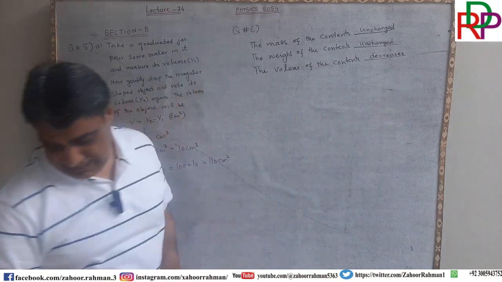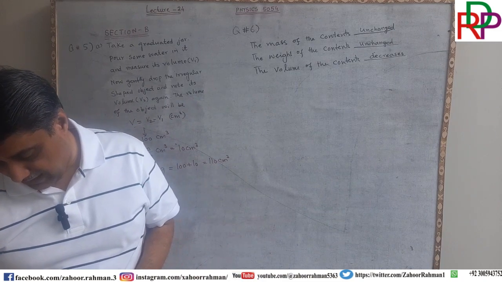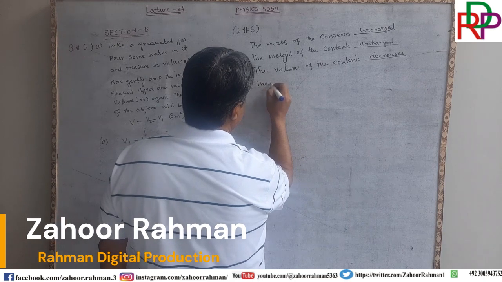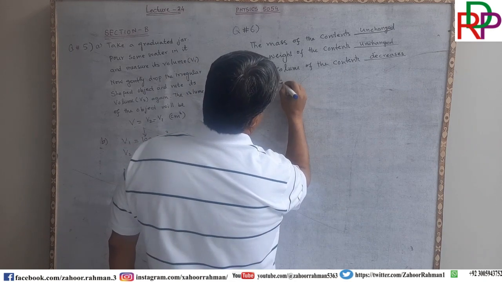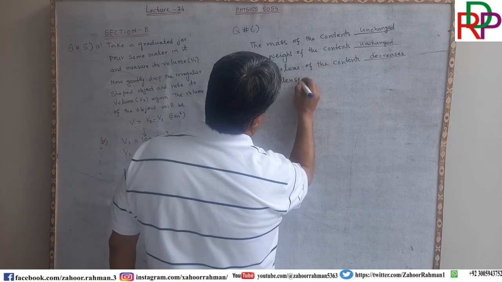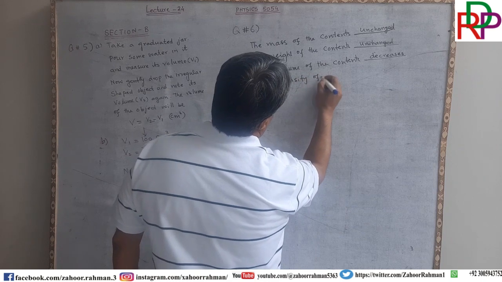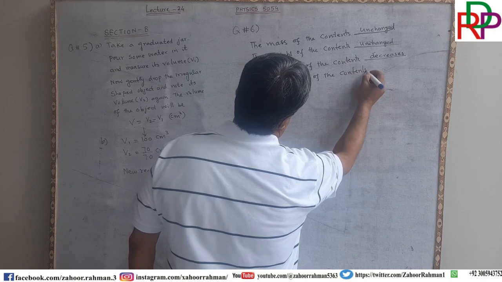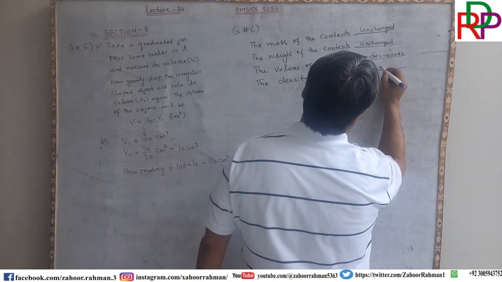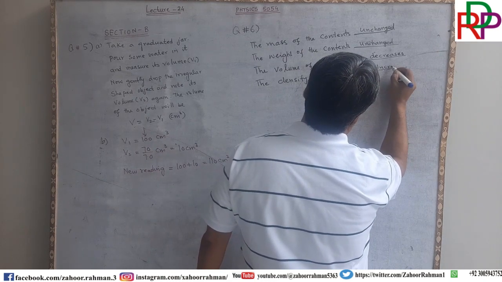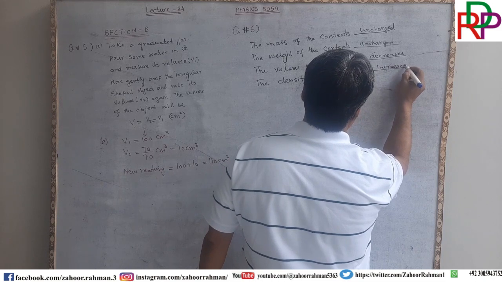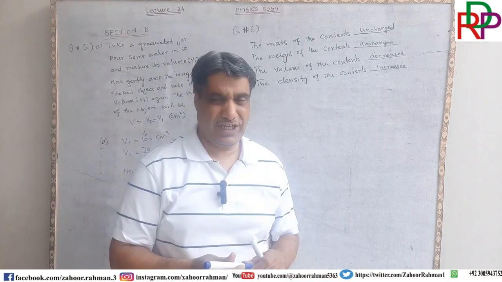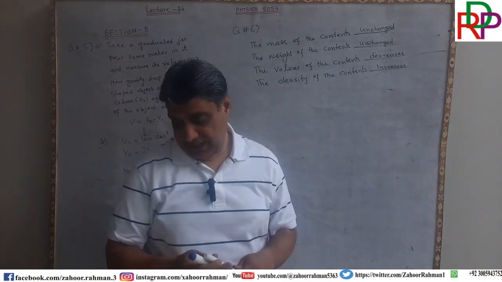The final one is saying the density of the contents is increased. When you are pressing, the density of the content increases because there are more atoms in less space.